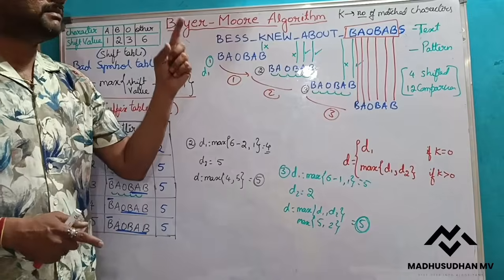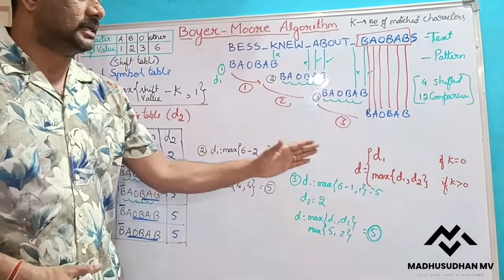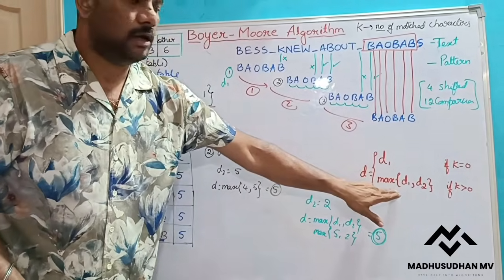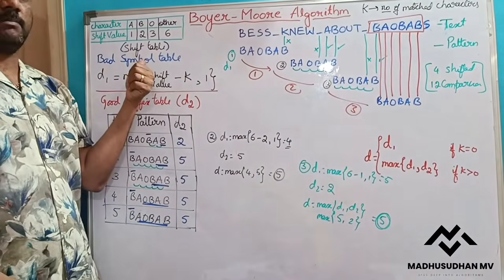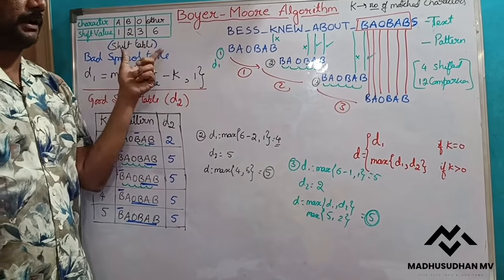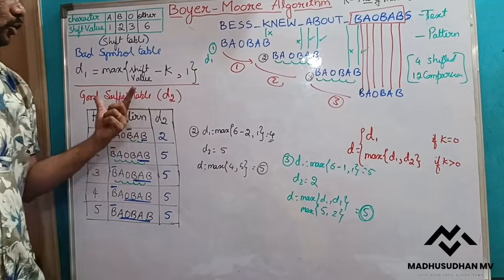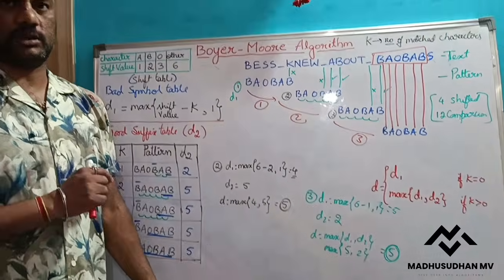But if the mismatch occurs after a few successful comparisons, then I have to use this formula: maximum of D1, D2. D1 is obtained from the shift table generated with the Horspool algorithm, also called the bad symbol table, and D2 is the good suffix table. This is the example. Hope you understood the concept.